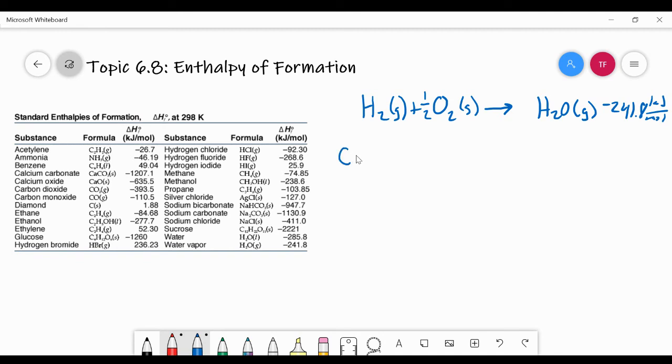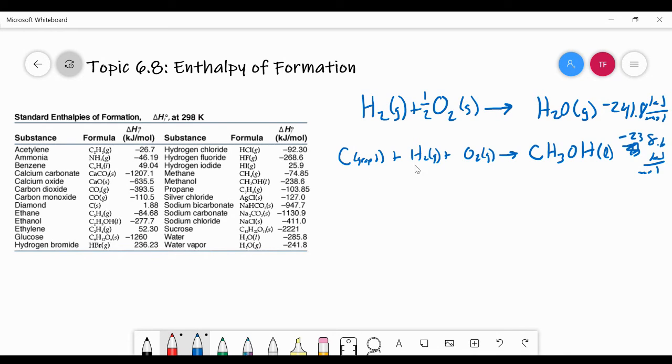That means that if carbon in its standard state, and the standard state of carbon is graphite, reacts with hydrogen in its standard state as a gas, and oxygen in its standard state as a gas, then all of those, if they came together and formed methanol, CH3OH as a liquid, for 1 mole of methanol that's formed, you would release 238.6 kilojoules per mole.